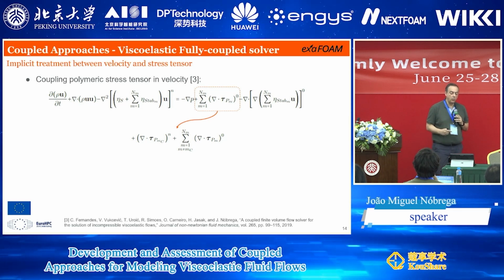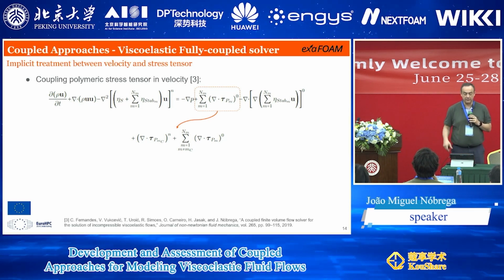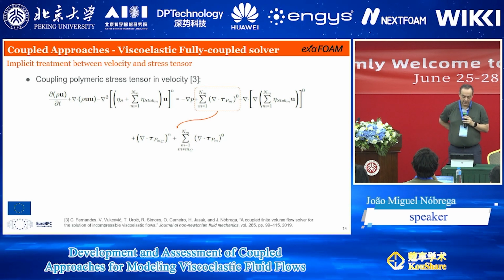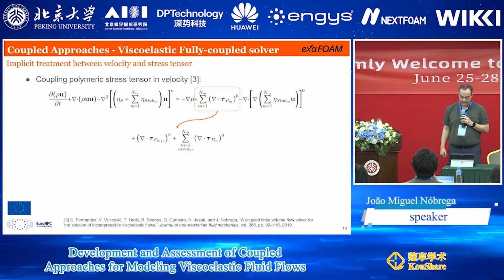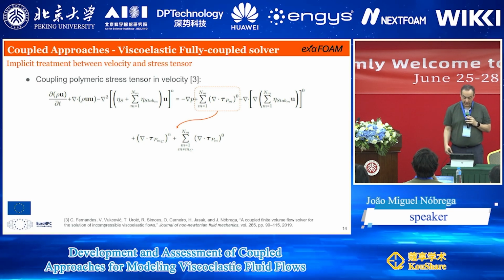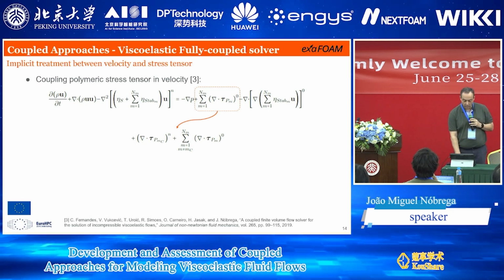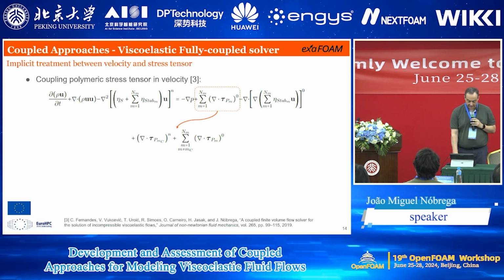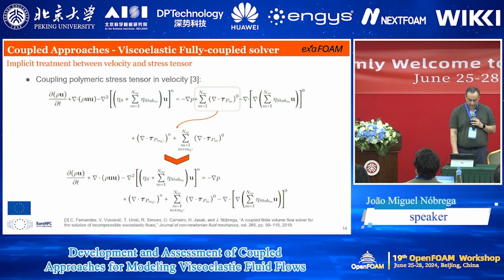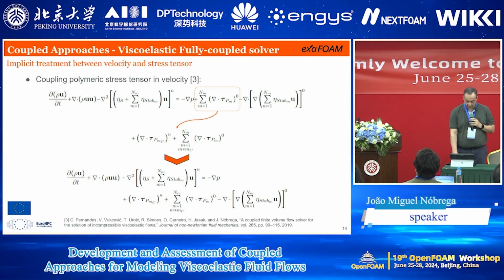We selected one mode, the most relevant mode, to couple the stress, velocity and pressure. And we treated the remaining modes, as illustrated here, as decoupled. And this is the equation we get from that configuration.